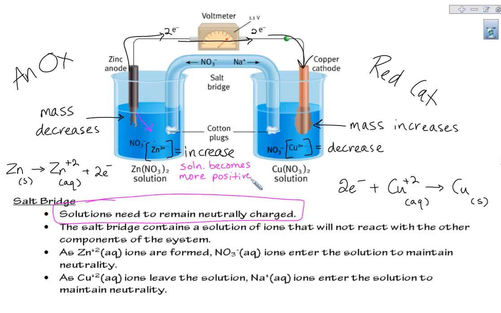In order for these things to sustain themselves, the solutions need to remain neutral. I mean, it starts neutral. They don't show it, but there would have been like 2 ions of nitrate for every 1 ion of zinc. But as I increase the concentration of zinc, and I'm not changing the amount of nitrate, the solution is going to become more positive.